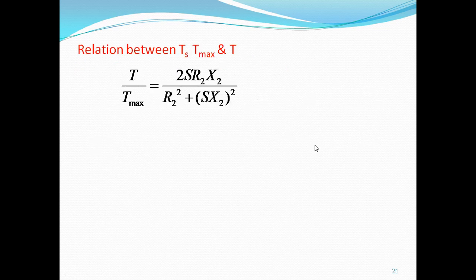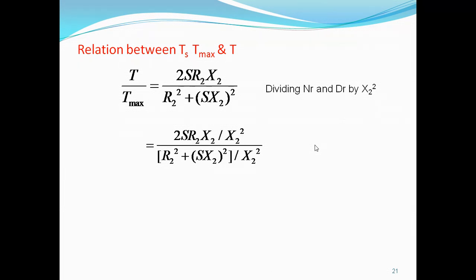Next, to find the relations between starting torque, maximum torque and full load torque. T by T max is equal to 2S R2 X2 by R2 square plus S X2 whole square. Now divide numerator and denominator by X2 square.